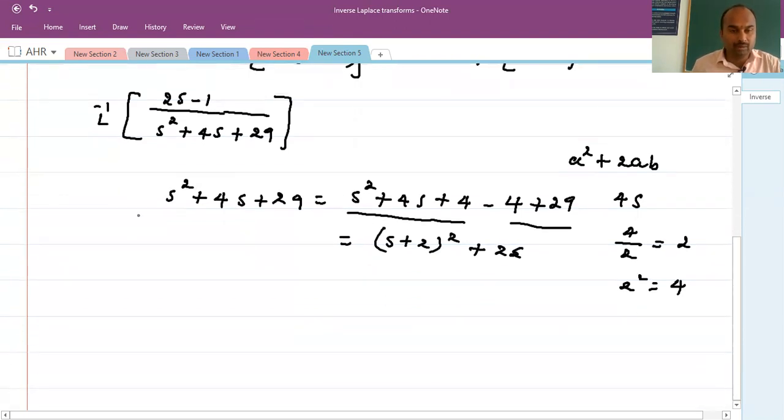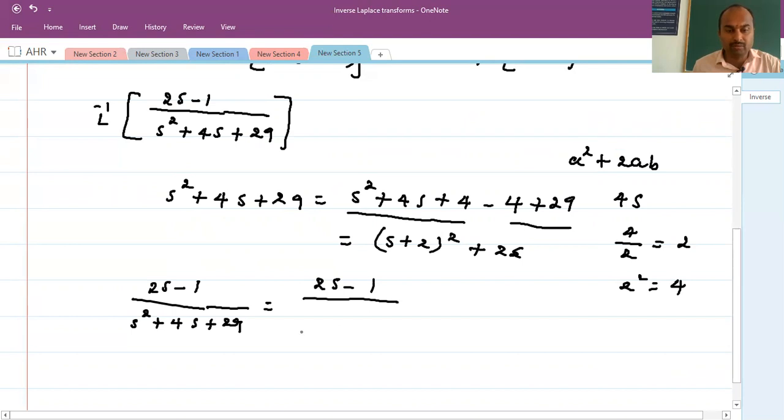So now I will take the given term, 2s minus 1 divided by s square plus 4s plus 29, which will be equal to 2s minus 1 divided by, this we can write as, s plus 2 whole square plus 25.